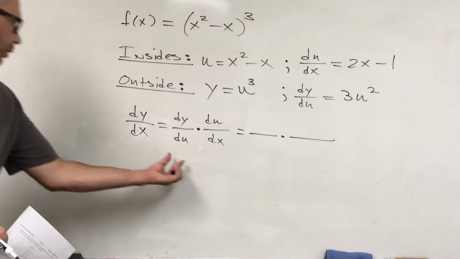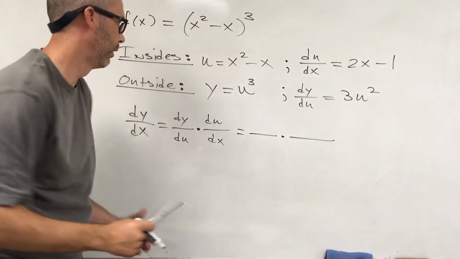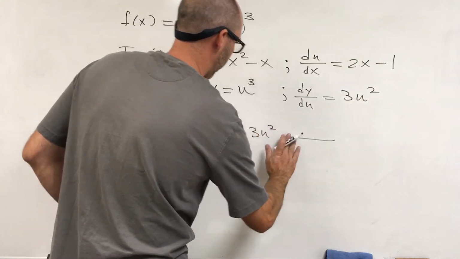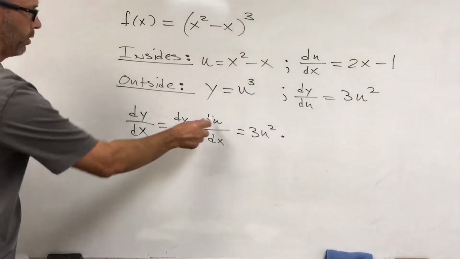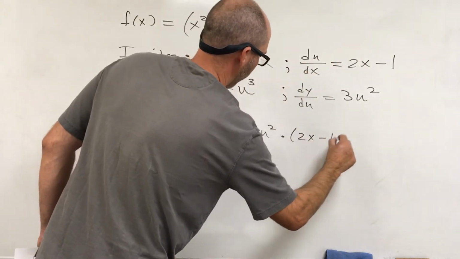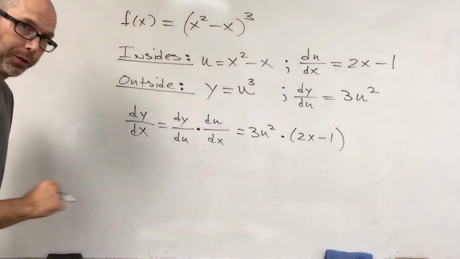Okay, so this was dy du, that goes there. Oh, sorry, this is 3u squared. Okay, du dx, that's that guy, 2x minus 1. And we're almost done.